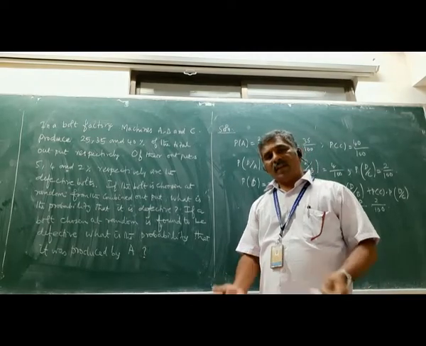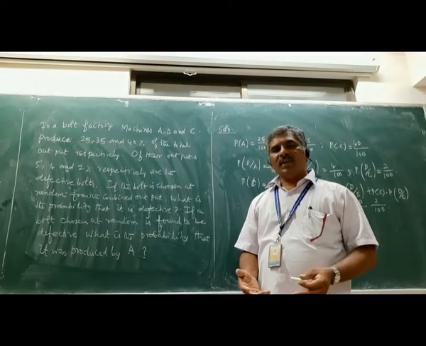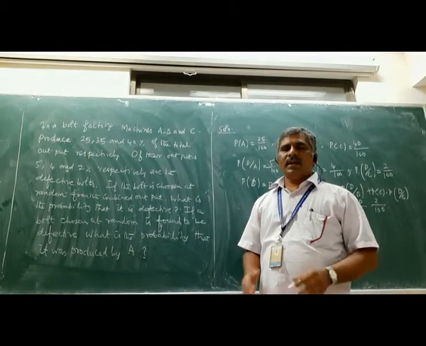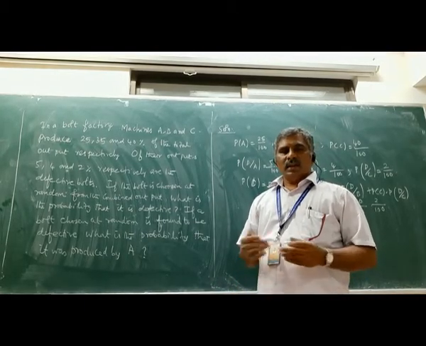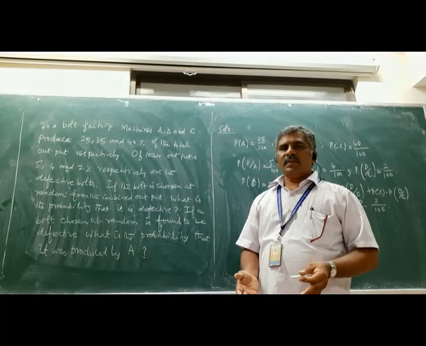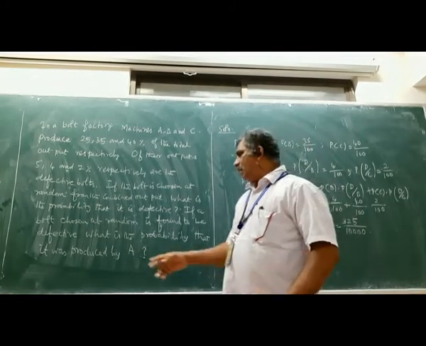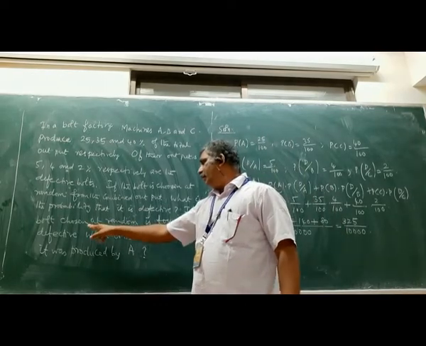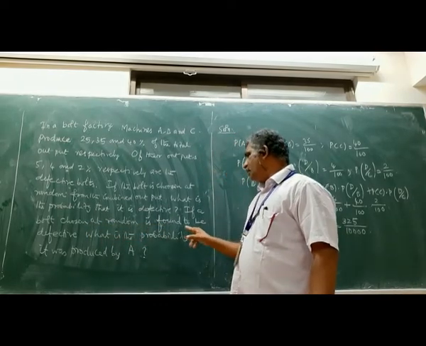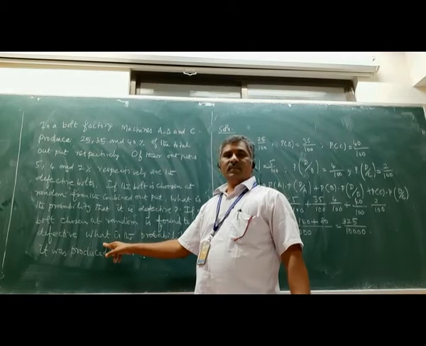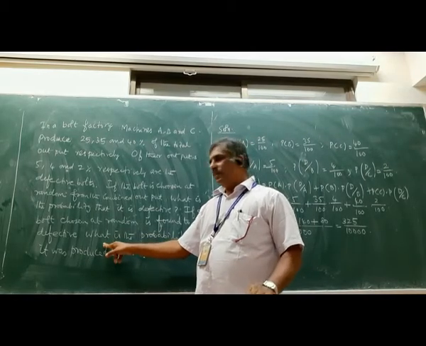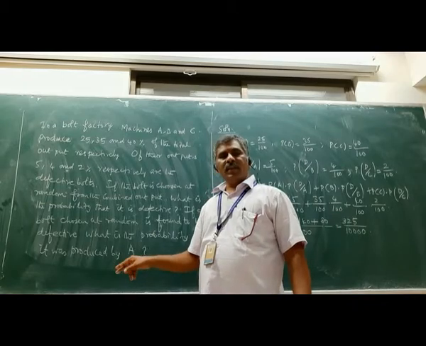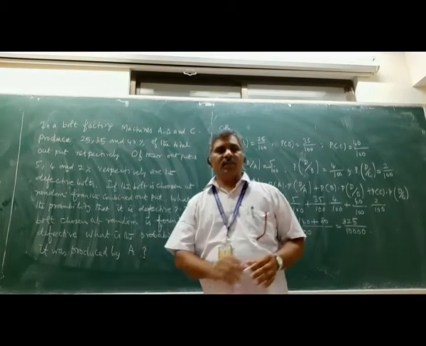So first I find the total probability of the defective. After that, see the second question: if the bolt chosen at random is found to be defective, that is, if it is known to be defective, what is the probability that it was produced by A? Now see the solution.